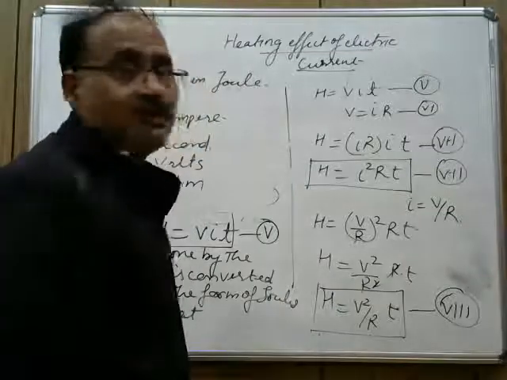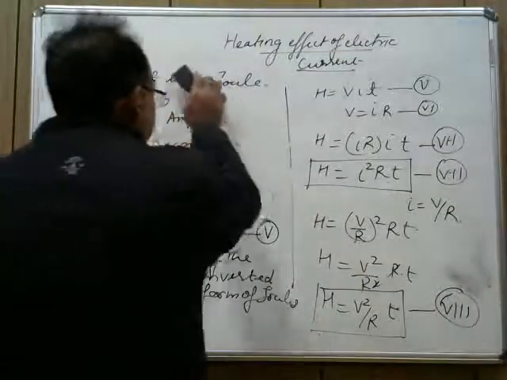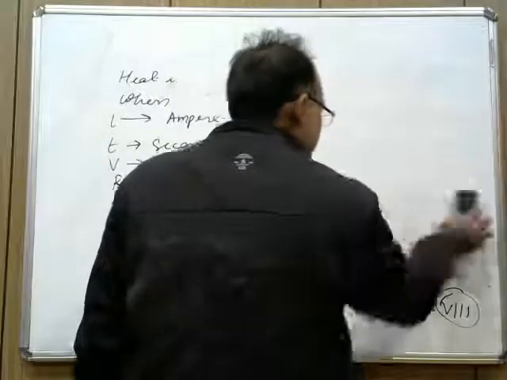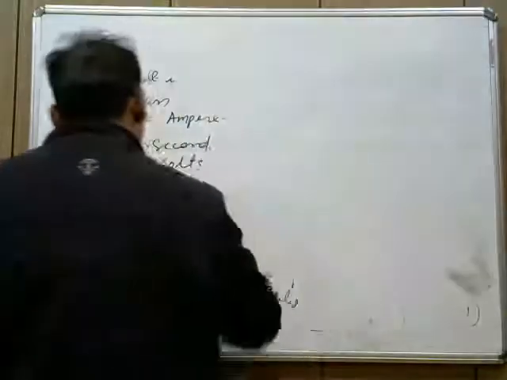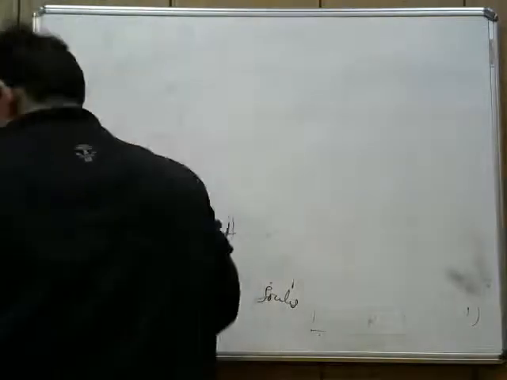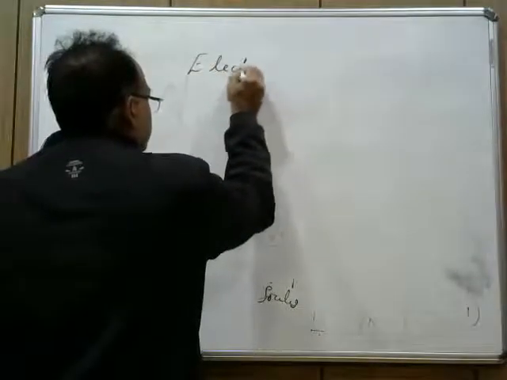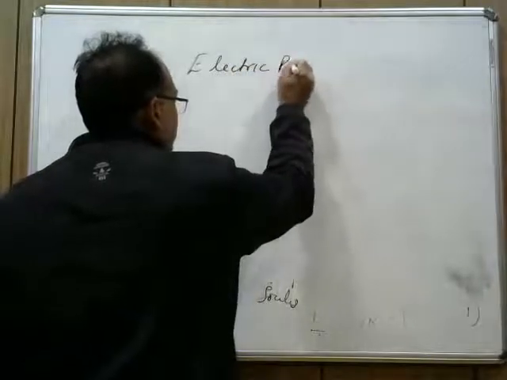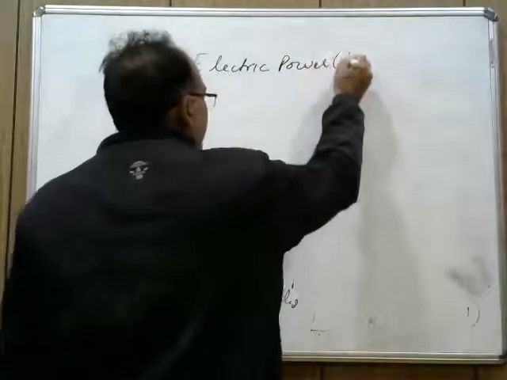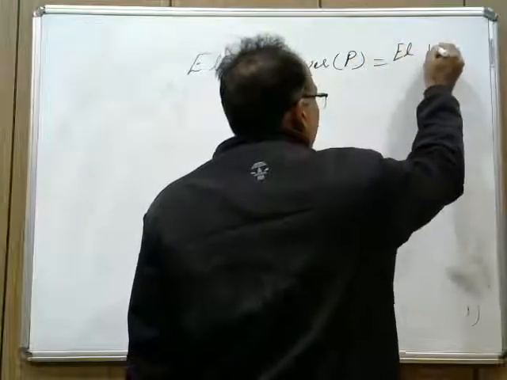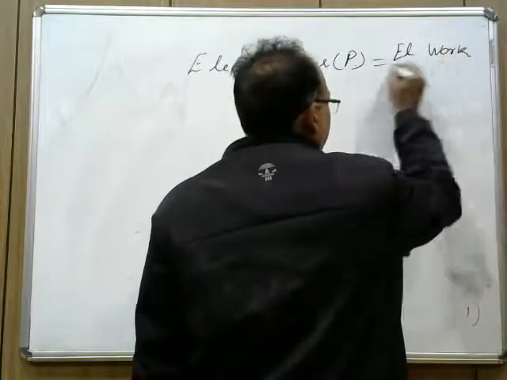Now come to power, that is electric power, denoted by capital P, which is equal to electrical work upon time.